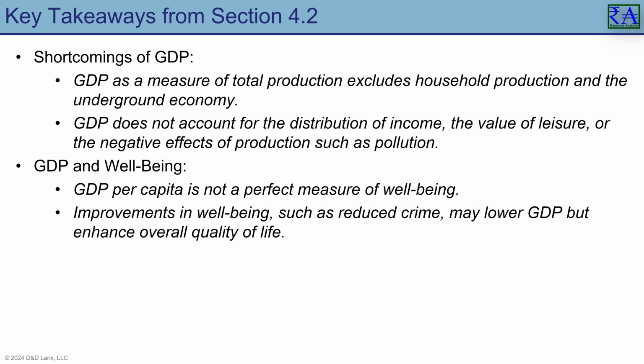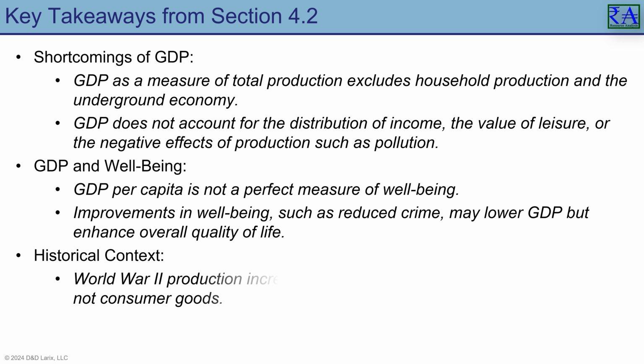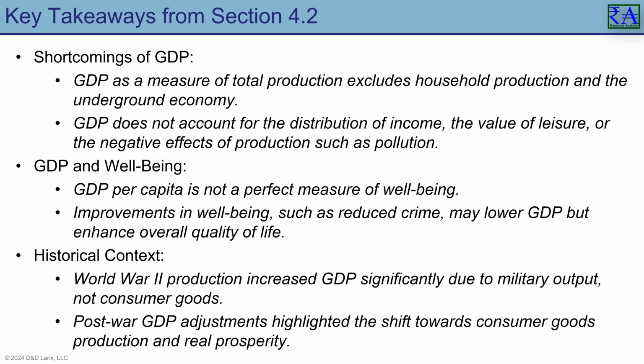For instance, societal improvements, such as reduced crime, can lower GDP but improve the quality of life. Lastly, the historical context of World War II illustrated how high GDP due to military production did not equate to increased consumer well-being. The post-war period saw a shift to consumer goods, offering a more accurate reflection of prosperity. These insights remind us to critically assess GDP figures and consider the broader context when evaluating economic well-being.